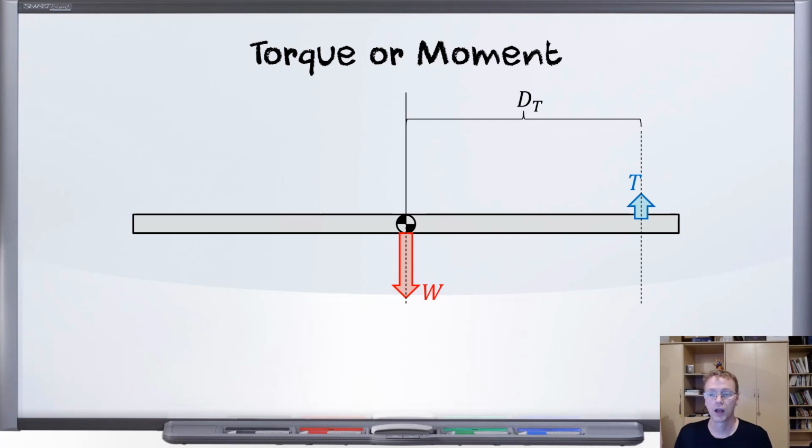Therefore, the moment will be d_t times L_t. Now, we can see from this diagram, the way I've drawn it, this is going to be a counterclockwise moment, or torque. The moment from the tail is counterclockwise because the tail's lifting here in the back behind the CG.